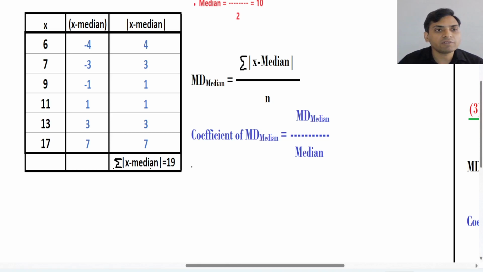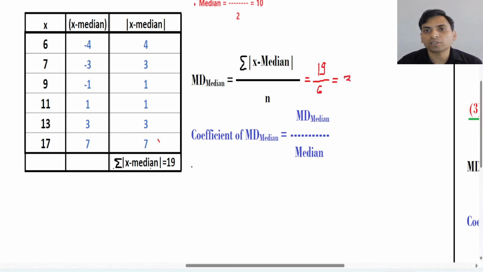For this we find x minus median: 6 minus 10 is minus 4, and 7 minus 10 is minus 3. Then we find the modulus, so all negative values become positive, and then the summation. The summation is again 19, divided by the number of observations, 6.